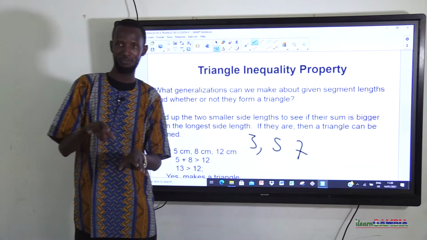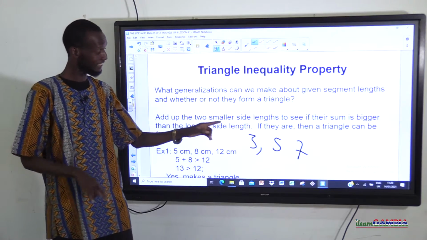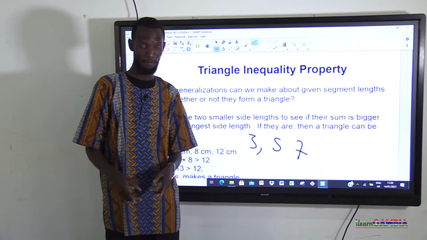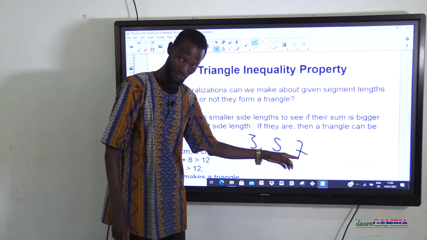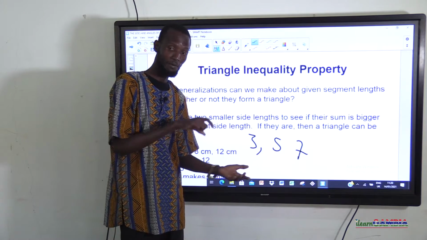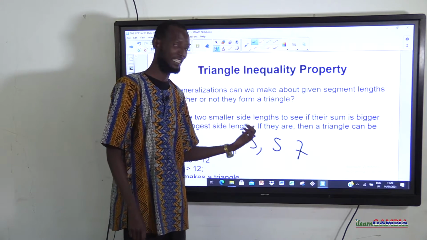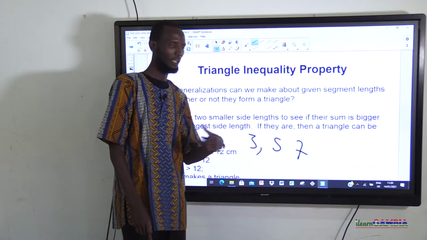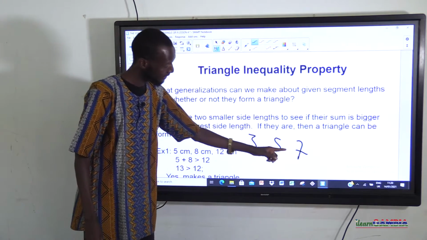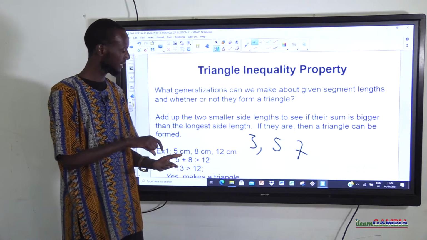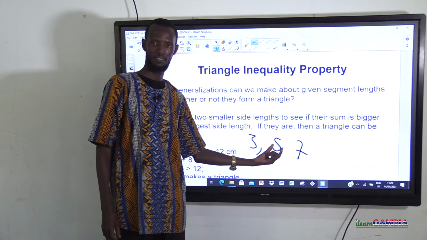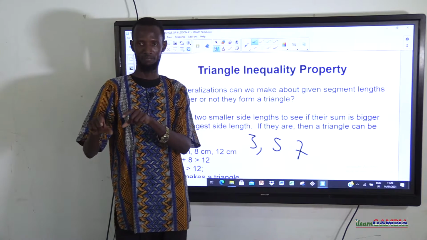So based on that, I can conclude that this can form a triangle. Why? Because I know that if I add the longest side 7 and 5, I will definitely get a sum greater than 3. Likewise, if I add the same longest side 7 to this shorter side 3, I will get a sum greater than 5. So that's a shortcut to knowing.